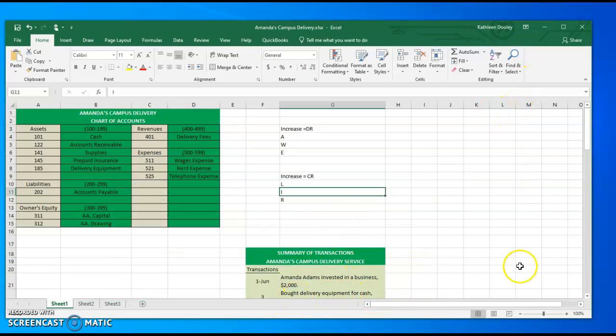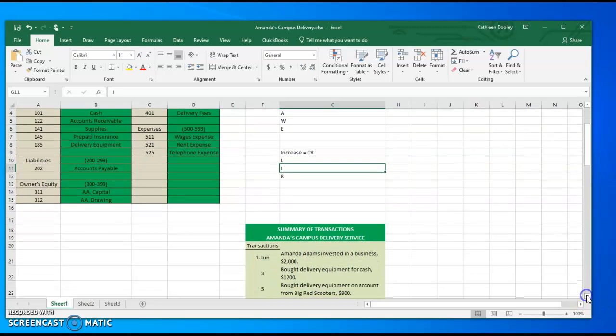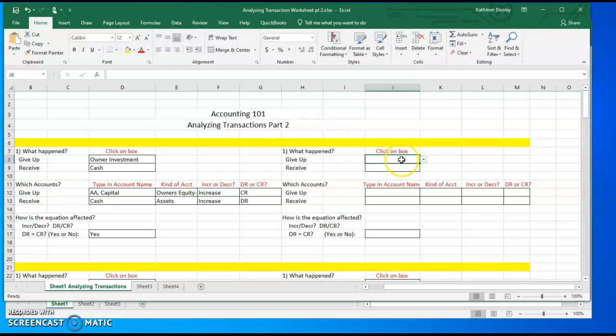And that is that we bought delivery equipment for cash, $1,200. So what did the business give up? It gave up cash. What did the business receive? It received some equipment. Now what are the account names? For cash, for the give up, we know the account name is cash.